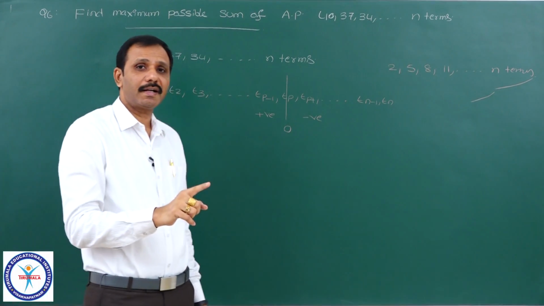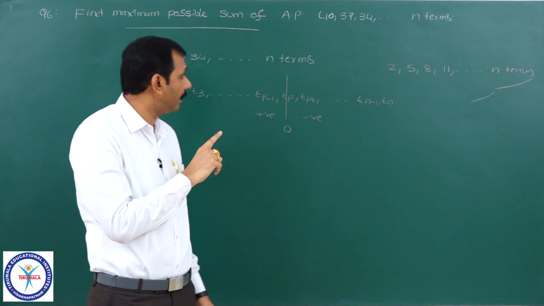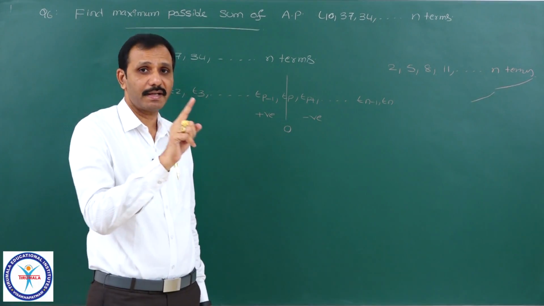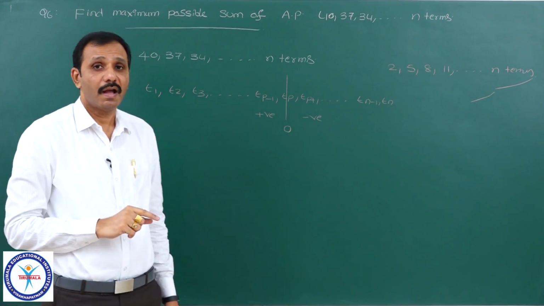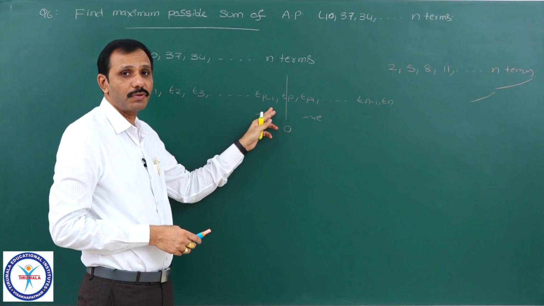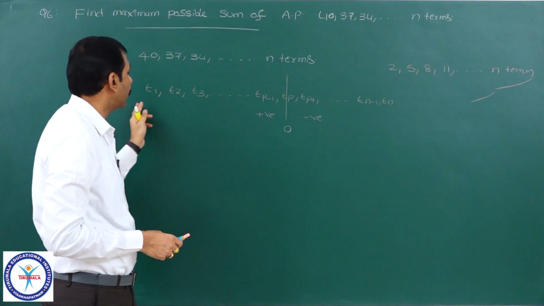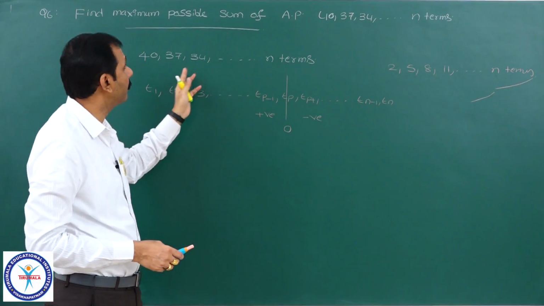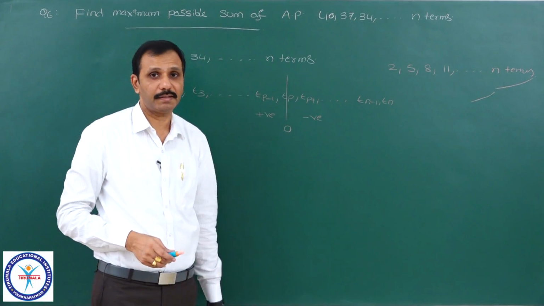Therefore, indirectly they are asking you to find what is the first negative term, and if you find the first negative term, non-negative term also you can find, and till that term if you add, you will get the maximum possible sum of that AP.